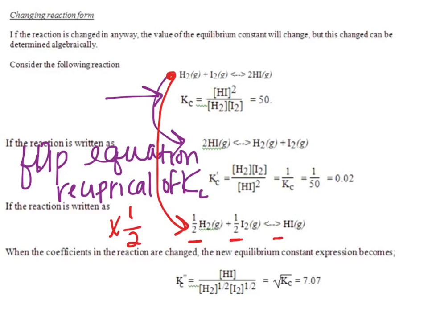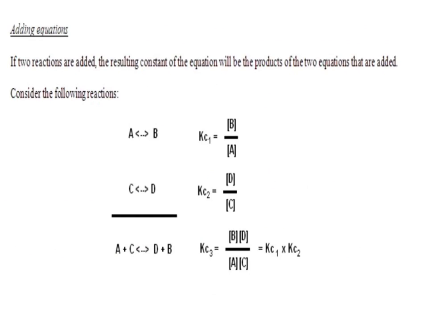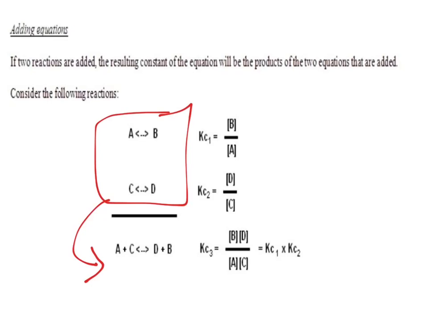Everybody okay with that? Okay. So next, here we can take two. We have A and B, and we have products over reactants, and we come up with Kc1. And then we do the same thing with C to D, and we have D over C. And what they do is they take these two equations and add them to make that one big equation. Well, when they did that, what did they do with the Kcs?